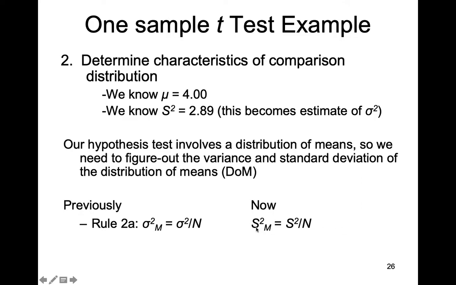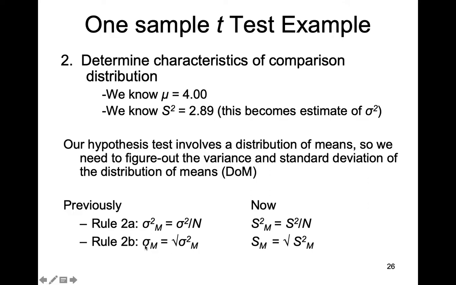So we can calculate the variance of the distribution of means, and then from the variance of the distribution of means, we can get the standard deviation of the distribution of means, in other words, the standard error. And it's that standard error that we're really interested in, because that will be the denominator of our test statistic, just like with our z-test.